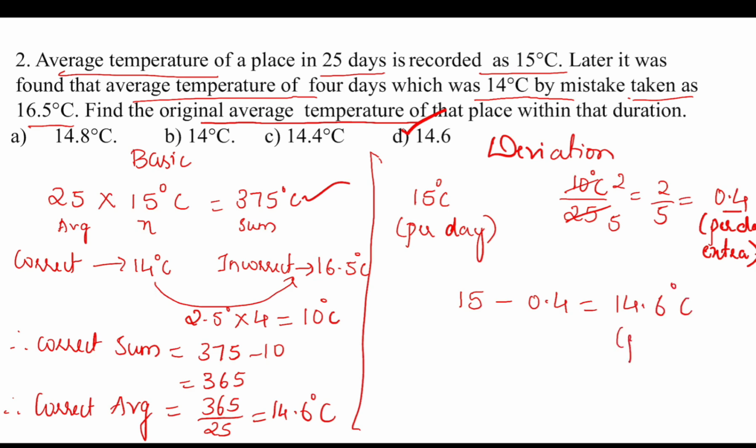So this is the actual per day. Actually it should have been 14.6, but by mistake it was noted as 15 degrees centigrade. See, within just one step we got the answer. Going to the next problem.